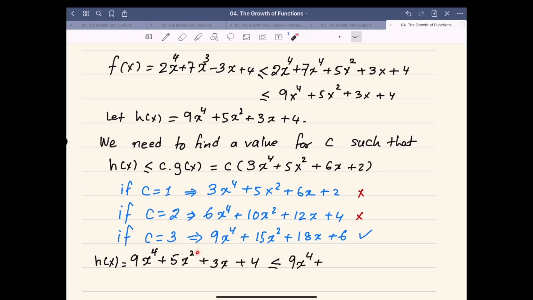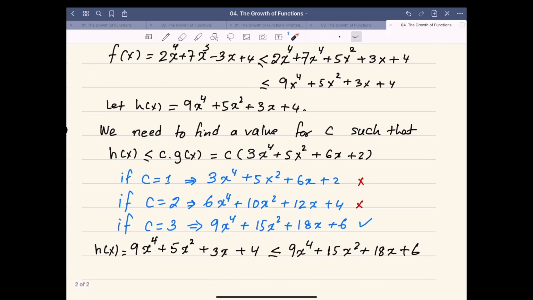And I will replace 5x squared by 15x squared. And we will replace 3x by 18x. And we will replace finally 4 by 6. So every term in h of x is smaller than every corresponding term in this polynomial.